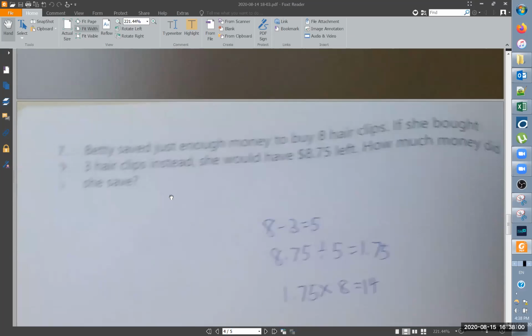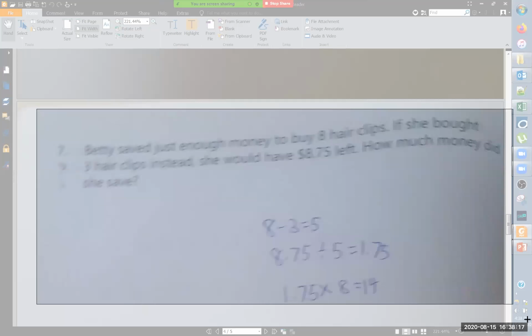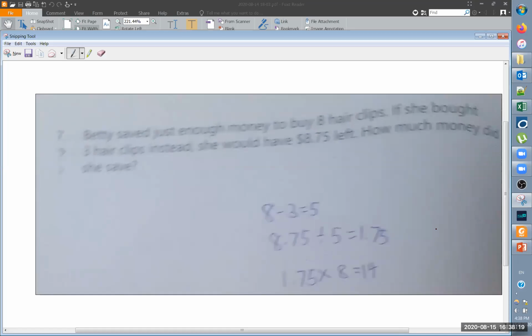This one. Let me read: Betty saved just enough money to buy 8 hair clips. If she bought 3 hair clips instead, she would have $8.75 left. Okay, good that you can read. So let's get it out. It says she saved just enough money to buy 8 clips.